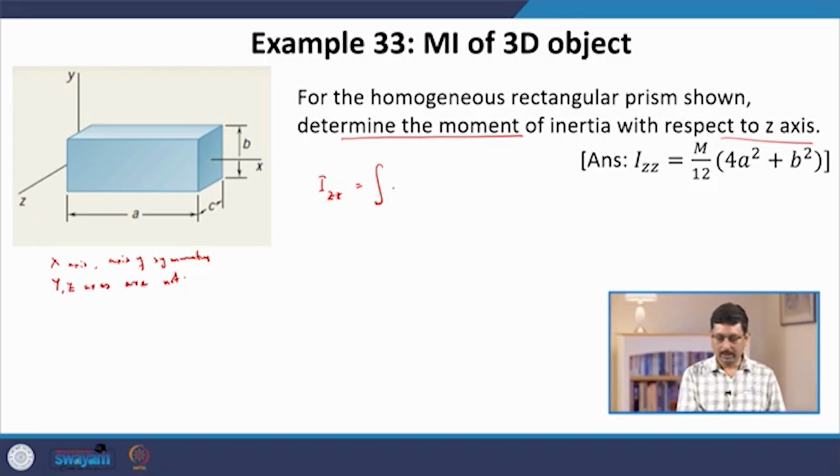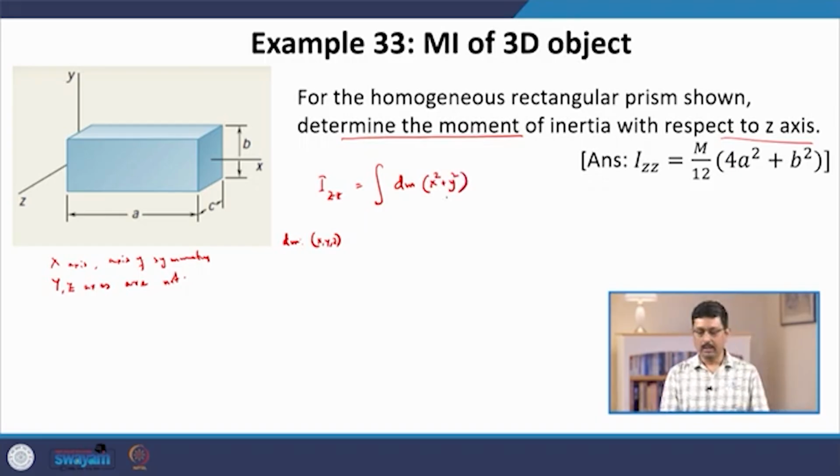So, we need to take each mass element dm located at some point x, y, z inside the prism, and then the distance from the z axis. So, the distance from the z axis squared is x square plus y square.